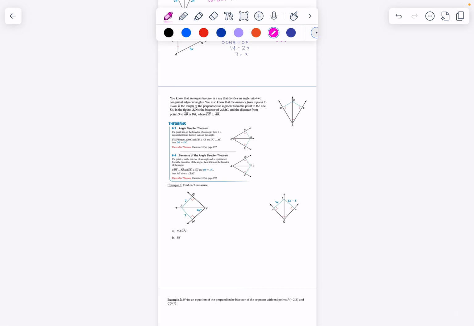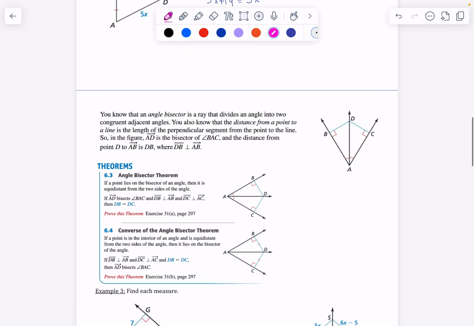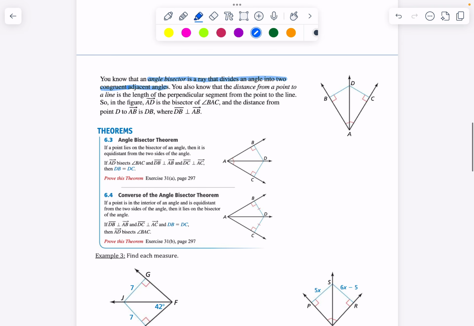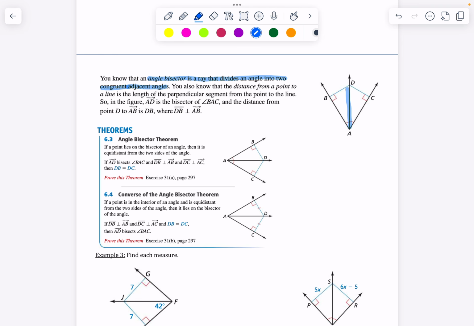The angle bisector theorem is very similar. In the angle bisector theorem, there is just an angle that is cut into two equal pieces, two congruent and adjacent pieces. So in this diagram here, AD is the angle bisector because it cuts this big angle, BAC, into two equal pieces.